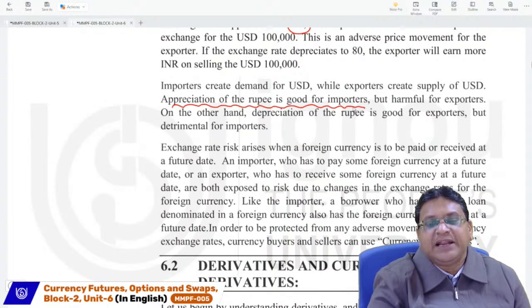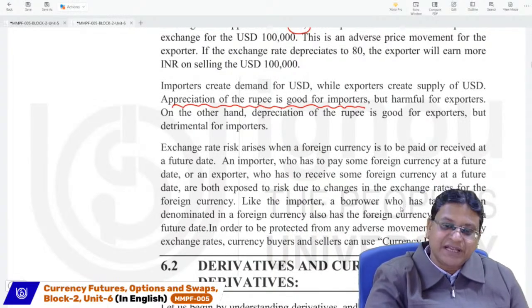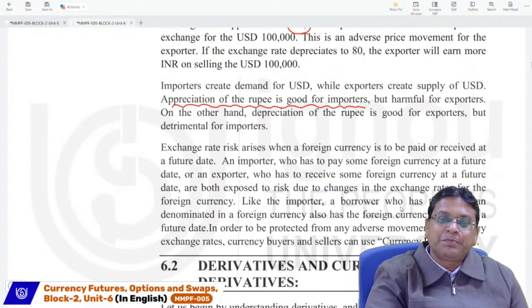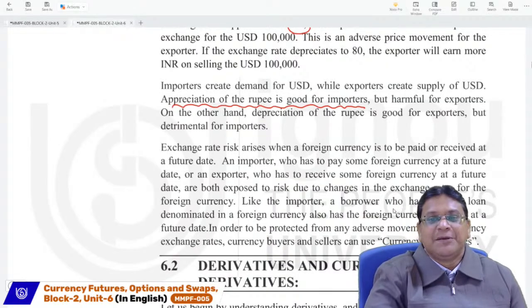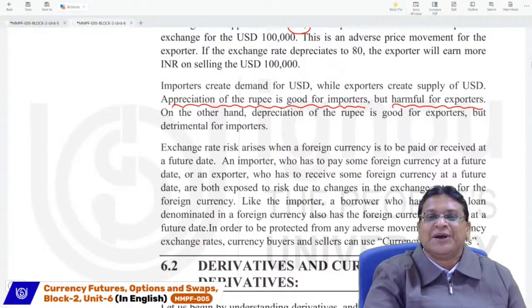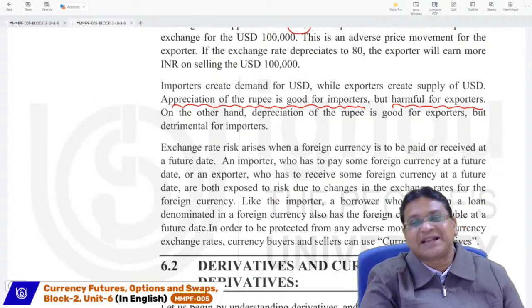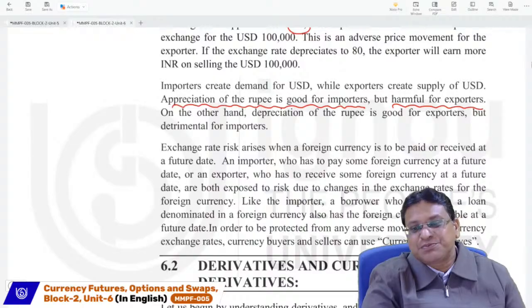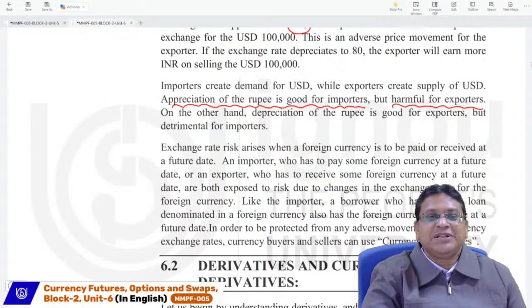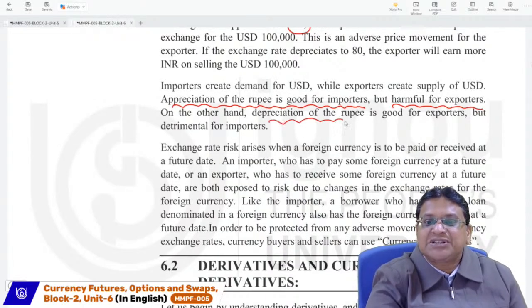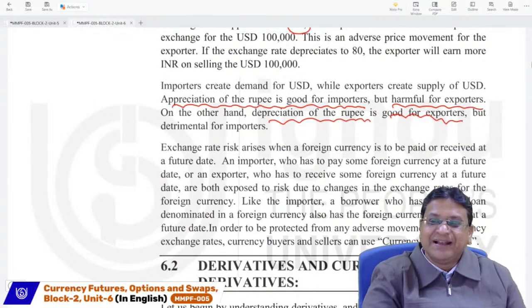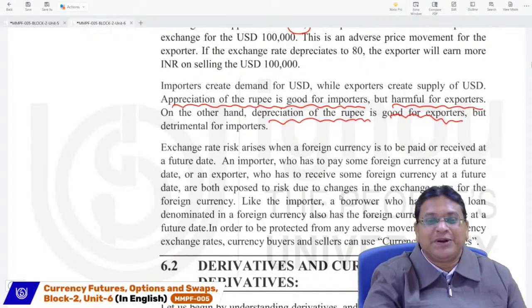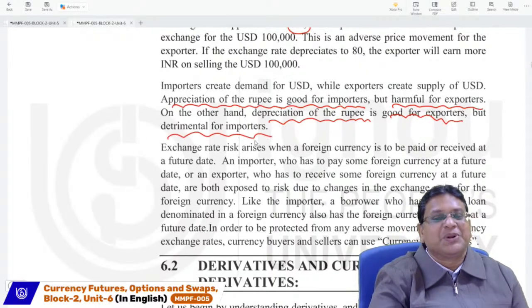If you are an Indian importer, you always think that the Indian rupee value must appreciate, so that you have to pay less. But it is harmful for the exporter. Exporters think that the rupee value must depreciate. If it appreciates, the exporter receives less. On the other hand, depreciation of the rupee is good for the exporter. The exporter always wants the rupee value to depreciate, but it is detrimental to the importer.